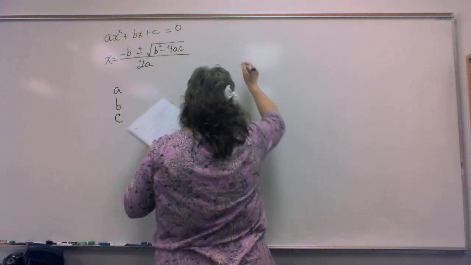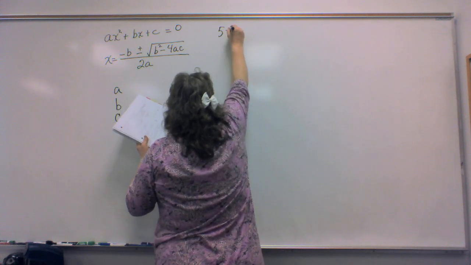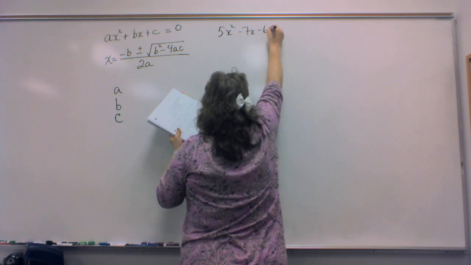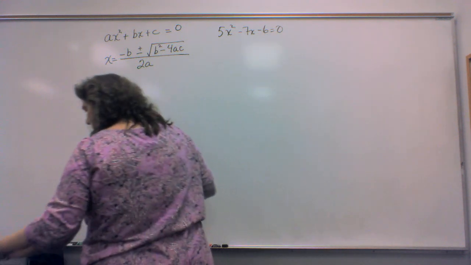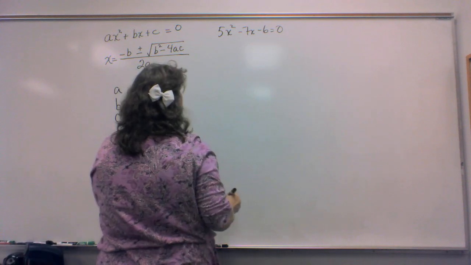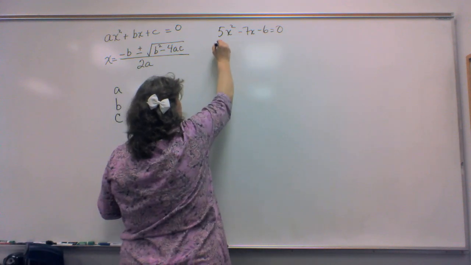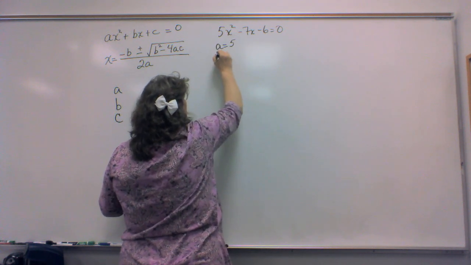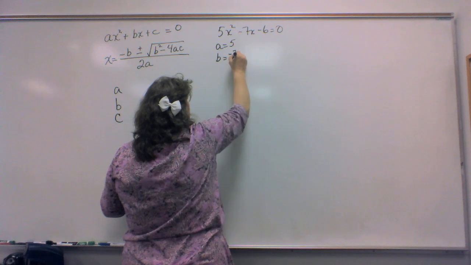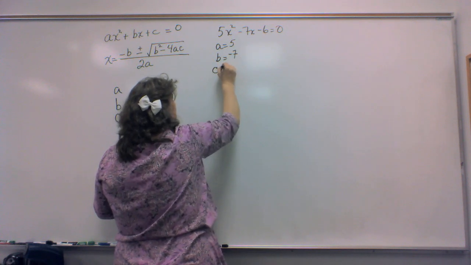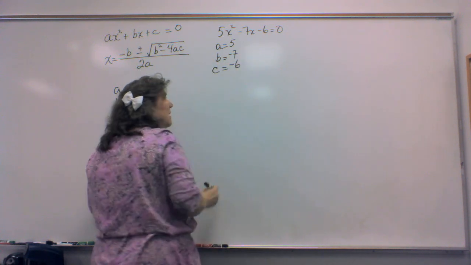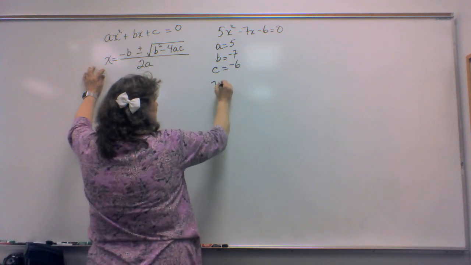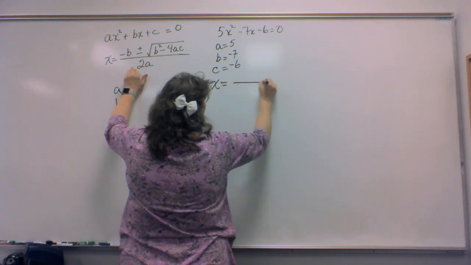So let's look at an example: 5x squared minus 7x minus 6 equal to 0. Let's look first at a, b, and c. a is equal to 5 because it's there. b is equal to negative 7, and c is equal to negative 6. So now that we've identified a, b, and c, let's put it in our formula. x equals the opposite of b.